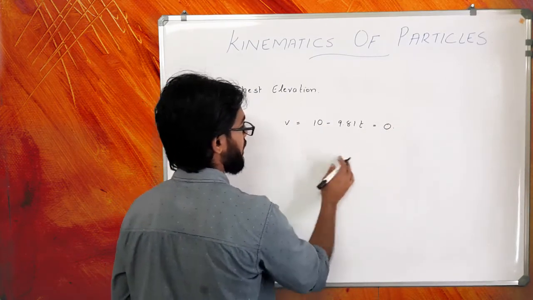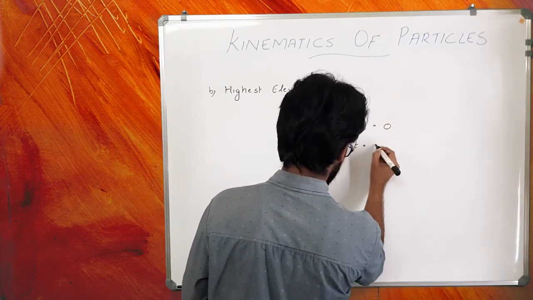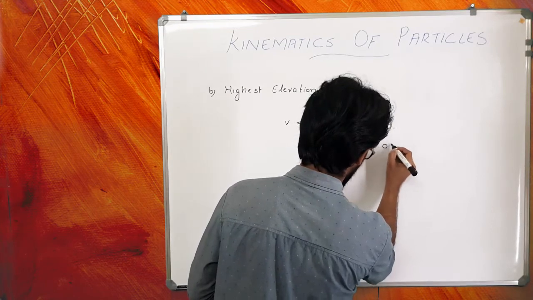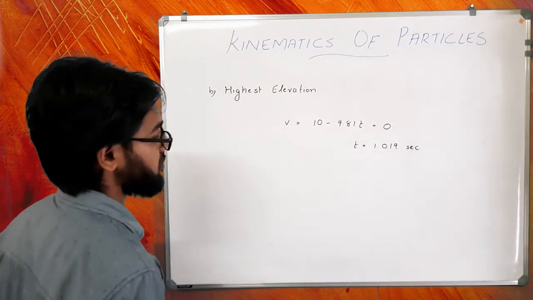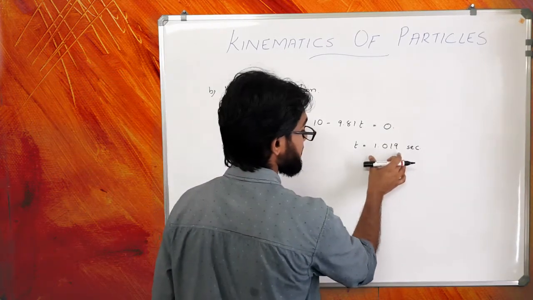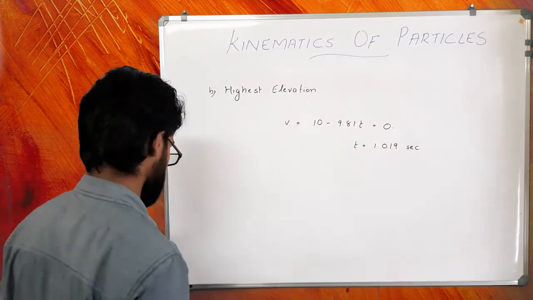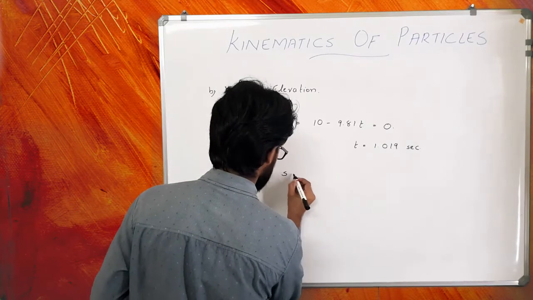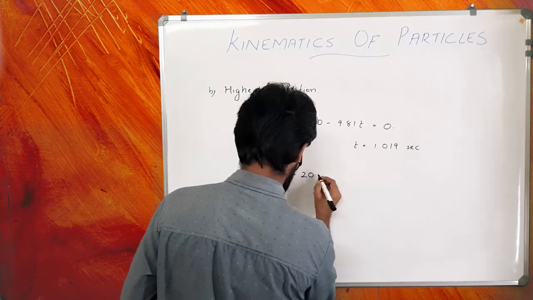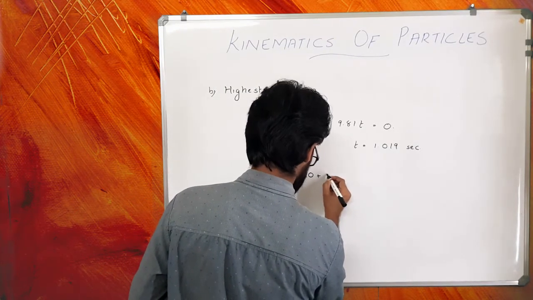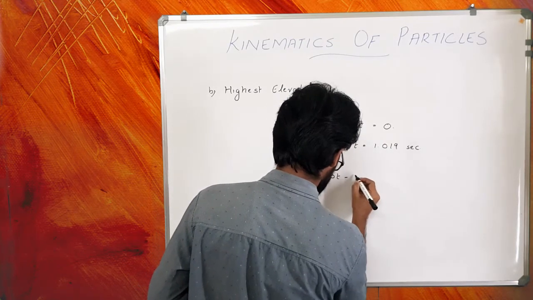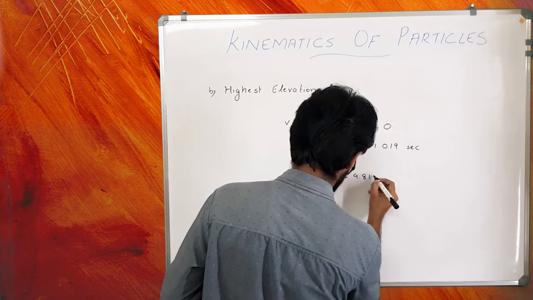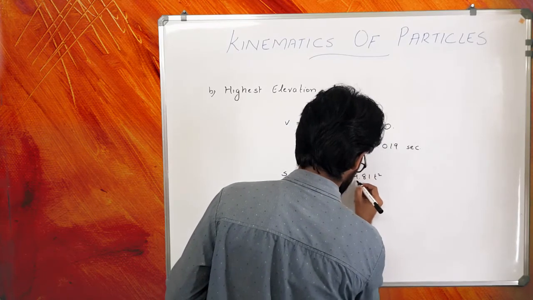So solving it out, I'll get t equals 1.019 seconds. So substituting this 1.019 second in the equation of s, we have s equals 20 plus 10 t minus 9.81 t square by 2.